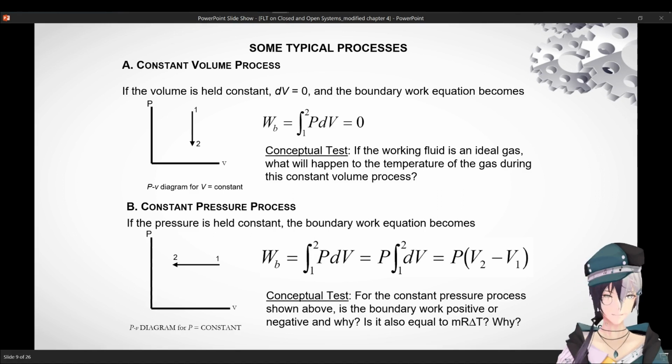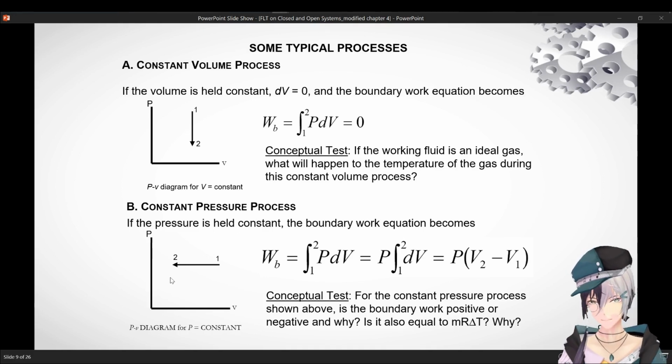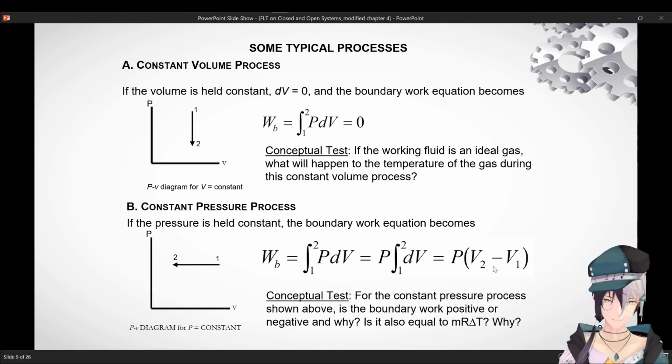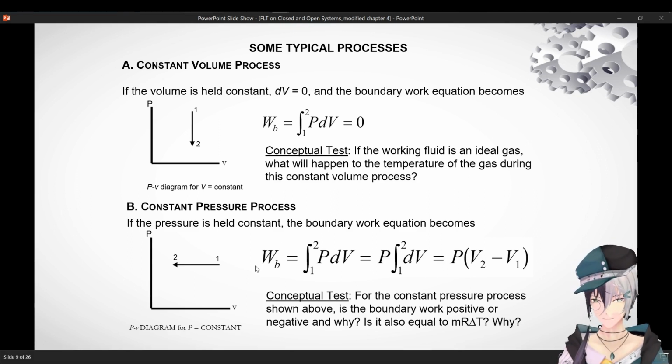We now have a question here. Considering this diagram, what is the boundary work? Is it positive or negative? In this case, from state 1 to state 2, on a pressure versus volume diagram, volume 2 is less than volume 1, so boundary work is negative.